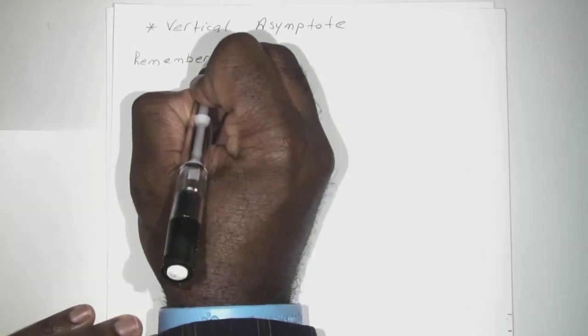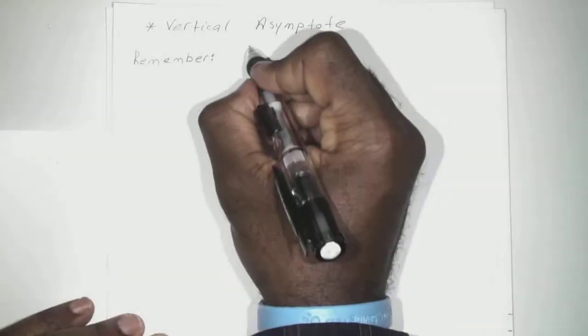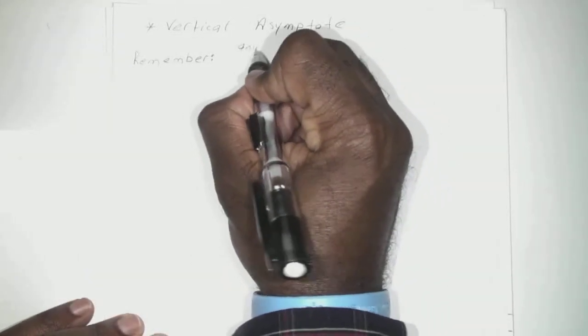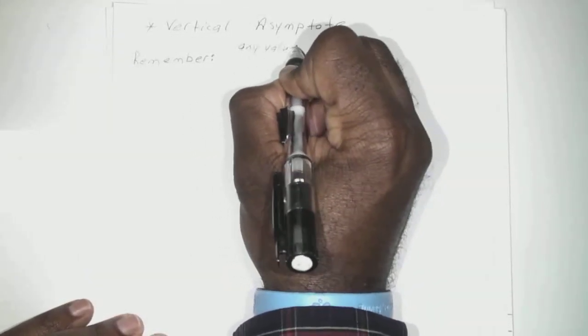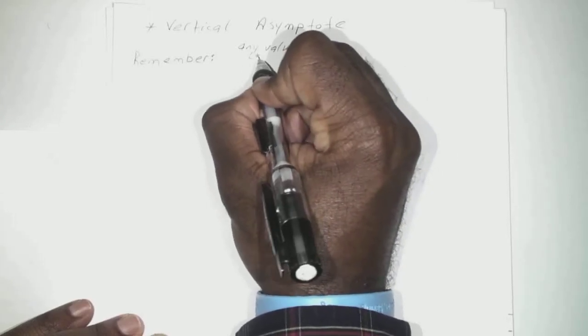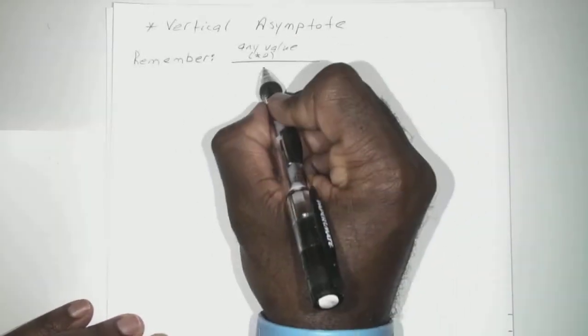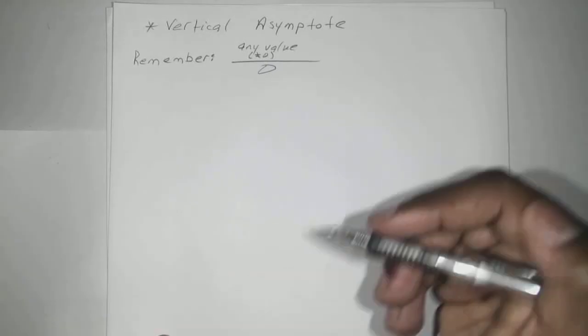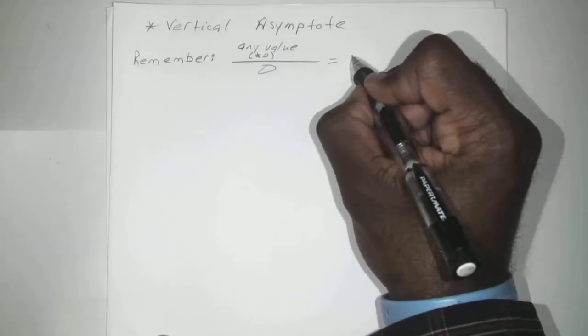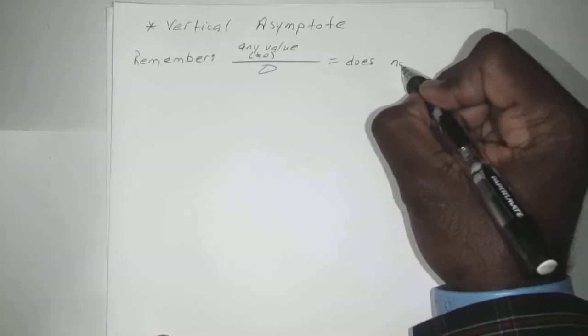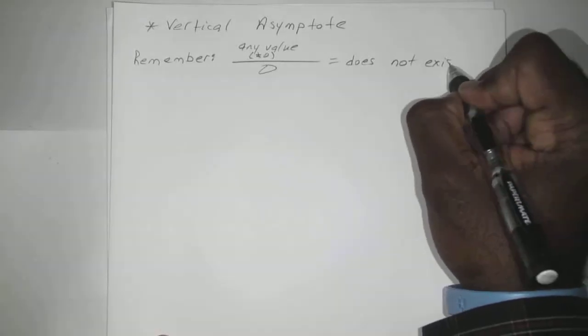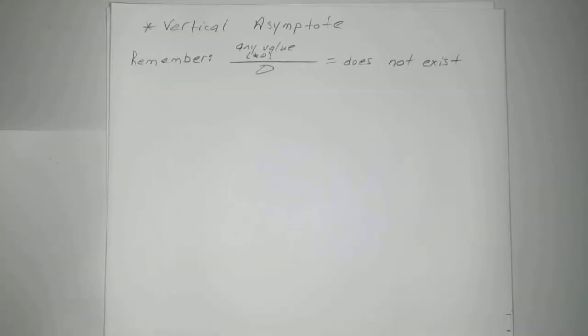If you remember, any value that does not equal 0, divided by 0, does not exist. Just a fancy way of saying your denominator can never equal 0.